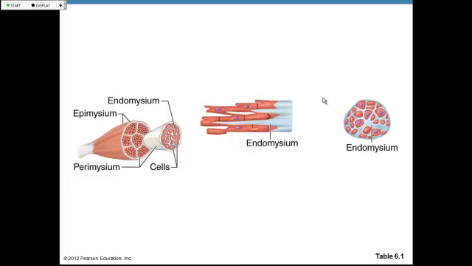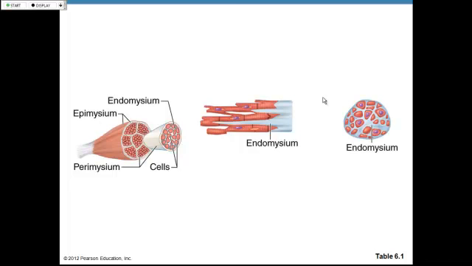If you have had medical terminology, you know that epi means around, so it's saying around the entire muscle group is the epimysium. Endo means within, so the furthest you can go in the structure of a whole muscle is to get to the muscle cell. We're going to go inside there too, but we don't have any connective tissue covering in there.